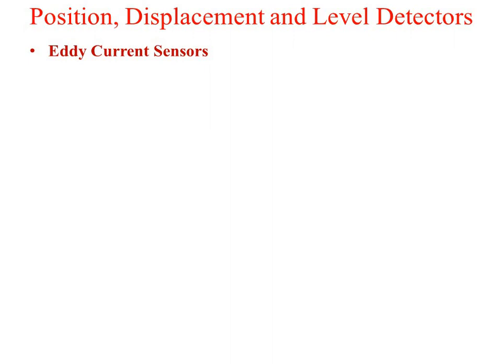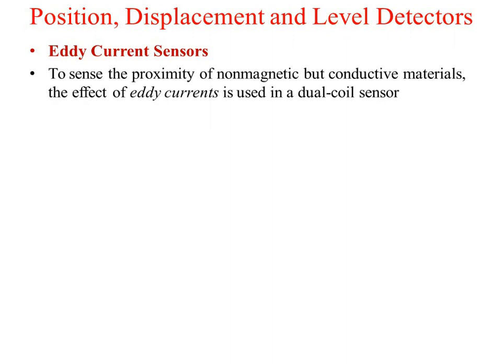Now the next sensor is the eddy current sensor. Let us see how eddy current sensors are used for position, displacement and level detection. We know that to sense the proximity of a non-magnetic material, if you are using a magnetic material, LVDT and RVDT are there, but if a non-magnetic or conductive material is there, eddy currents are used.